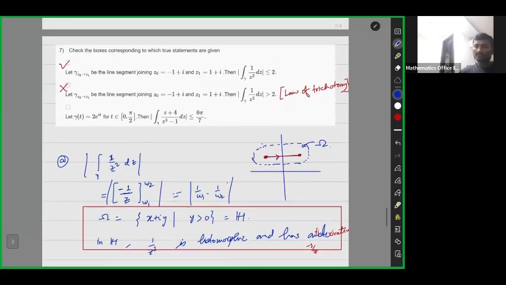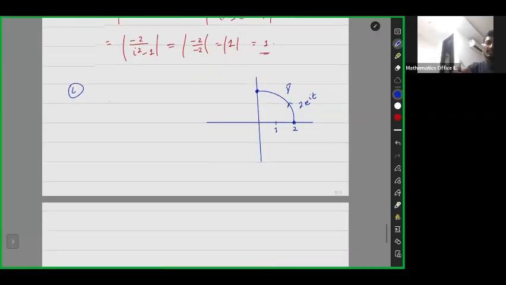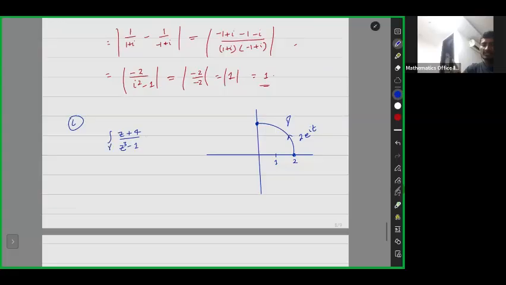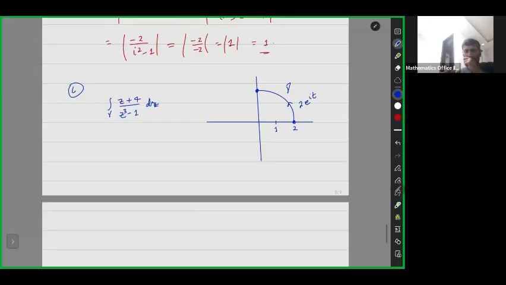The function is z plus 4 divided by z cube minus 1, integrated over dz.